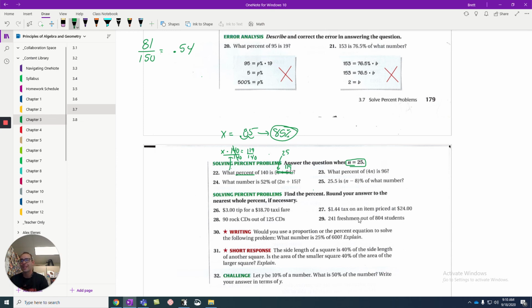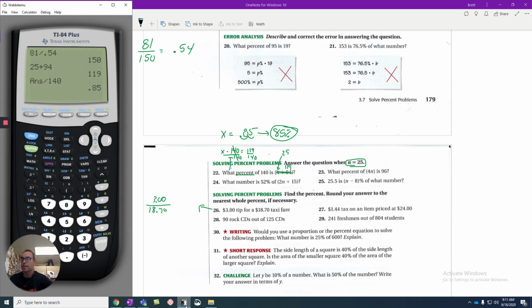The last thing is to figure out the percent that exists. And so all we're going to do is take our smaller number divided by our larger number. If you want to know how much tip you gave in a taxi, you take your tip, $3, and you divide it by the fare, or the amount that it actually cost, $18.70. And let's figure out what our percent tip is.